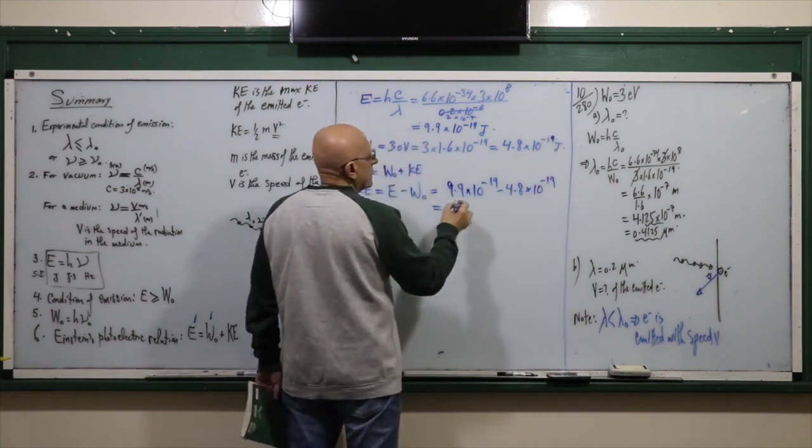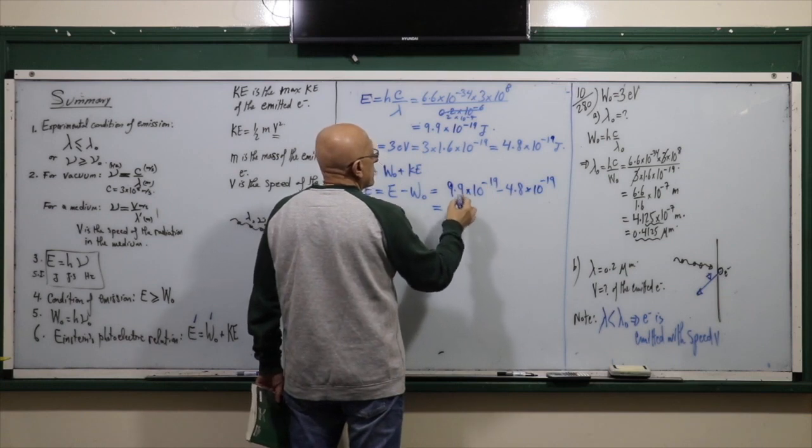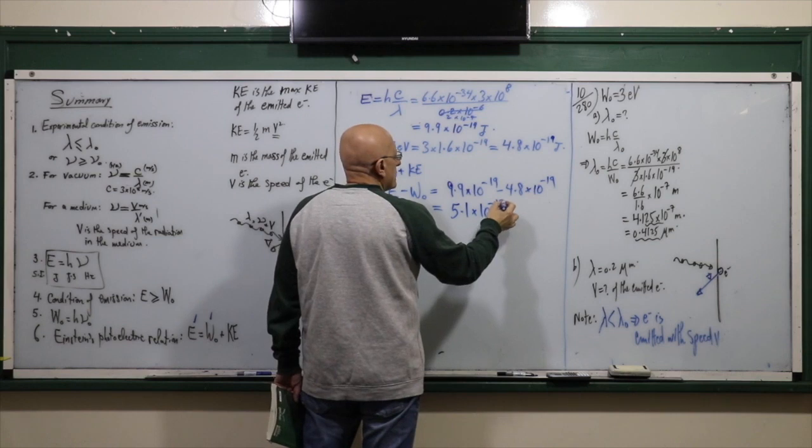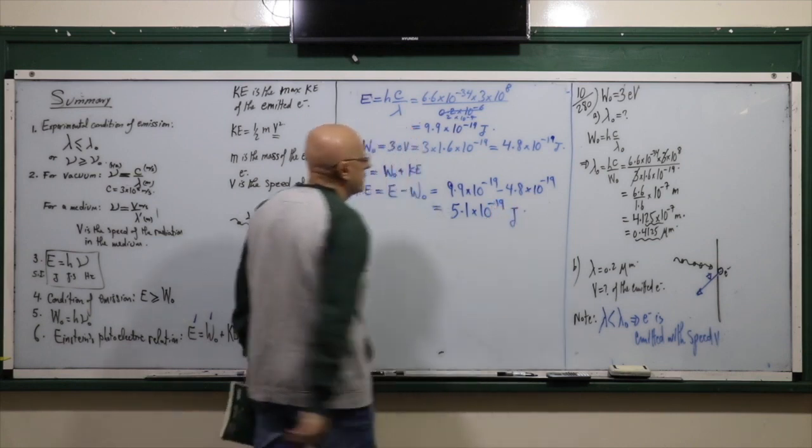You get 1.5 times 10 power minus 19 joule.